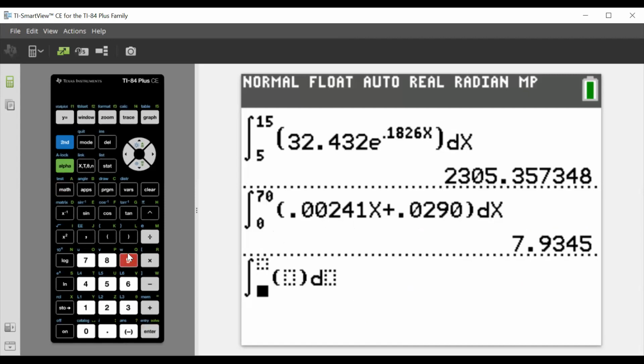So math 9, and we're going from 72 to 76. And it was the 1.011 x squared.